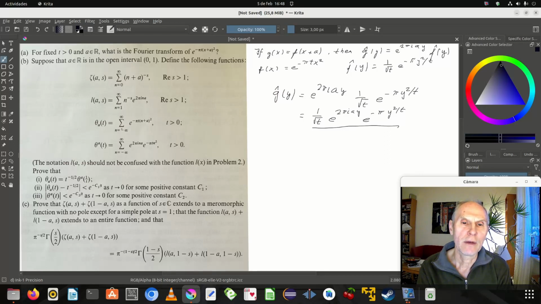Now we have to apply the Poisson summation formula, it's called. So let's start.